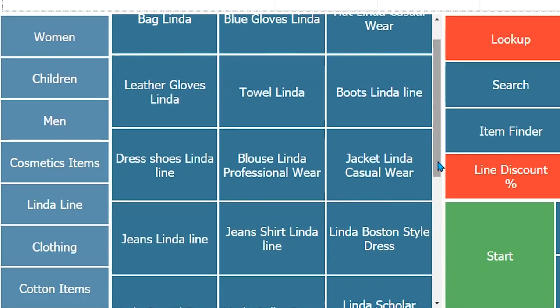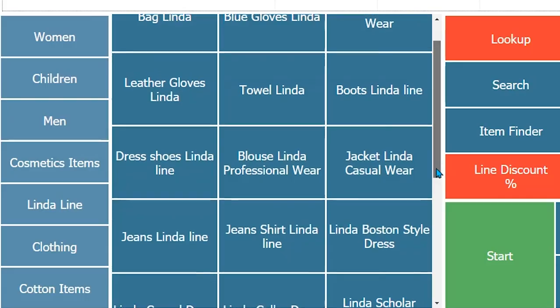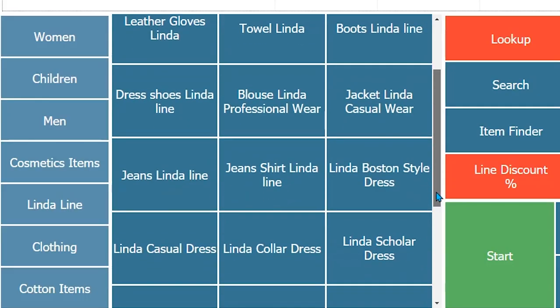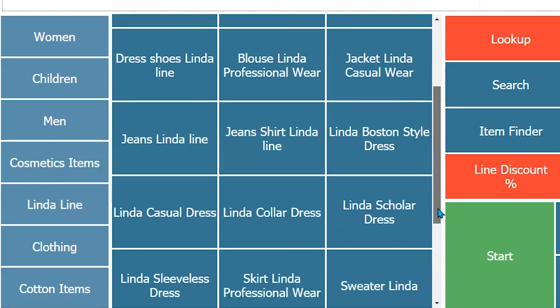So it looks like any other menu. It's dynamic in nature. Whenever a new Linda line item is added to a special group Linda, then you'll find that the newly created item will be appearing here as well in this dynamic menu.